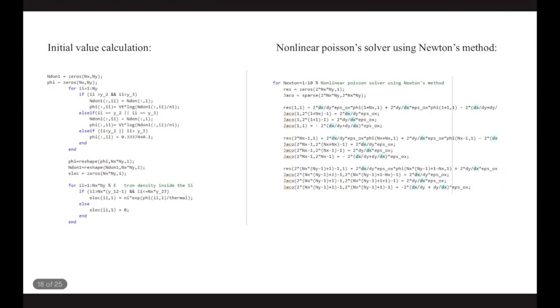Moving on to the implementation of the theory. First, the initial value calculation is done where the mesh size for phi and the electron density are declared and the initial condition values are assigned. In the nonlinear Poisson solver using Newton's iteration method, the residue and the Jacobian matrix are constructed for phi as shown.